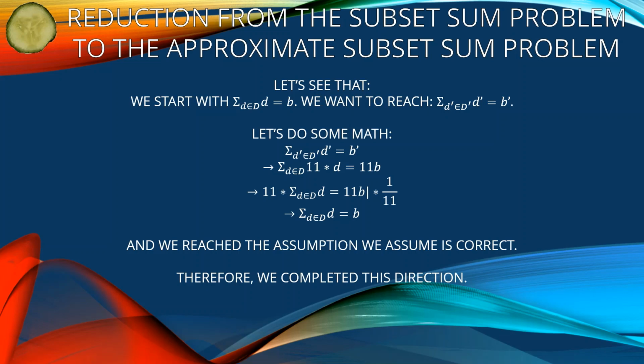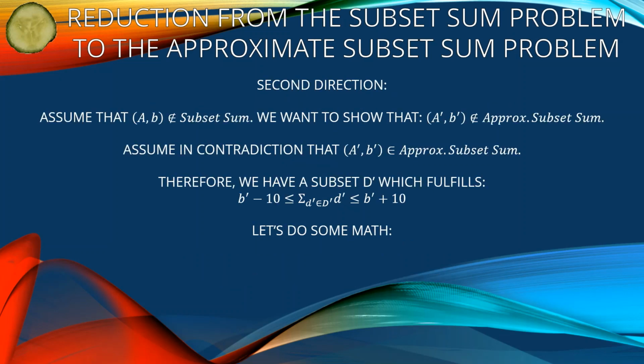Let's write it differently. 11 times sigma of d in D, d equals 11b. Let's multiply both sides by 1 divided by 11. We get sigma d in D, d equals b. And we reach the assumption we assume is correct. Therefore, we completed this direction.